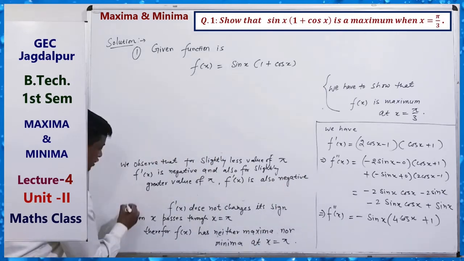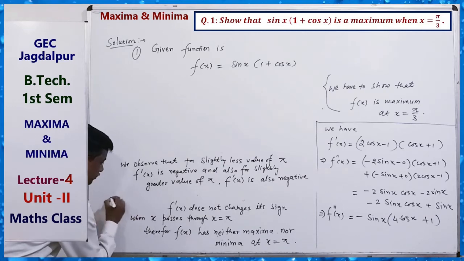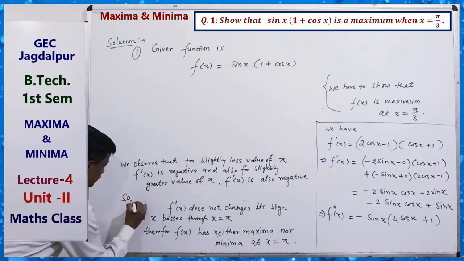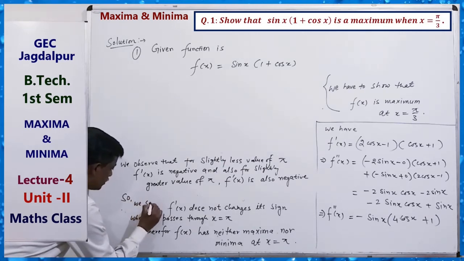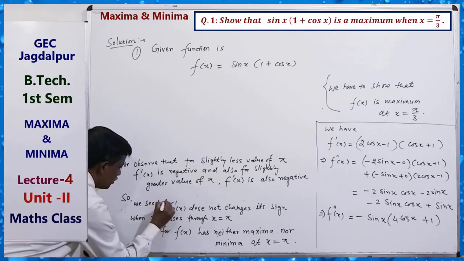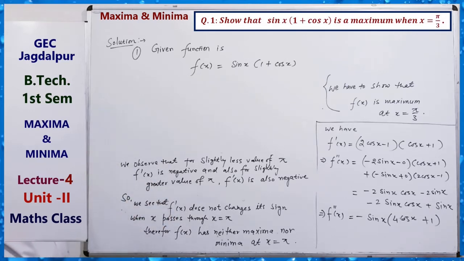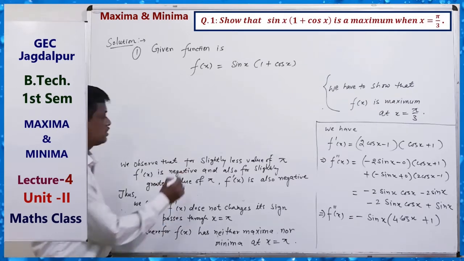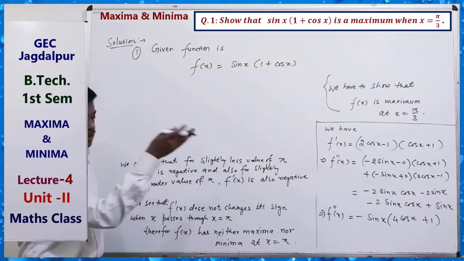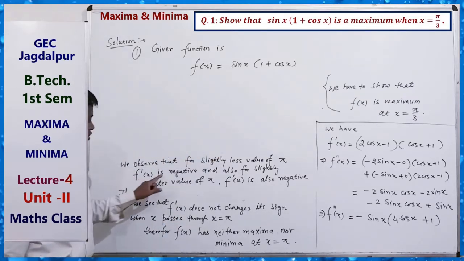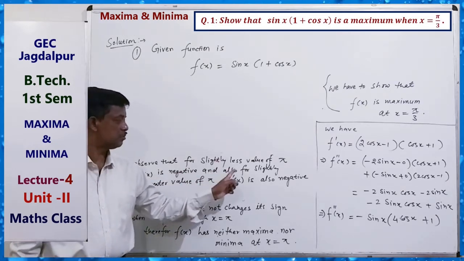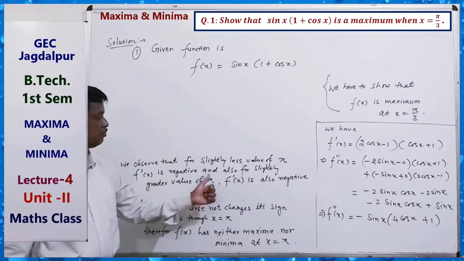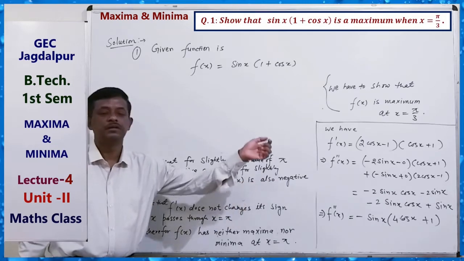So thus you can write like this. We observe that for slightly less value of pi, f dash x is negative, and also for slightly greater value of pi, f dash x is also negative.